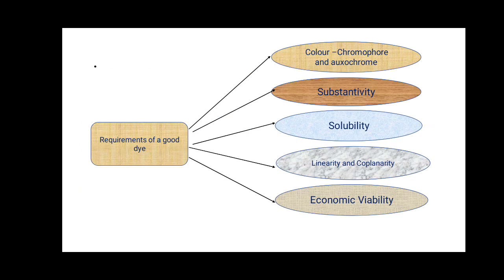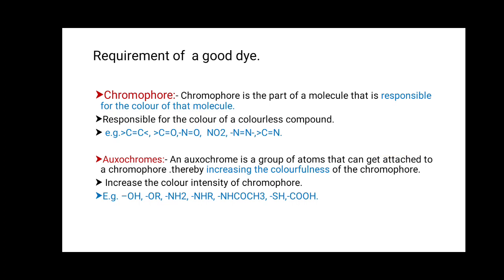There are some properties, some criteria, which are important for a good dye: color, chromophore and oxochrome, then substantivity, solubility, linearity and coplanarity, then economic viability. Next, requirement of a good dye.